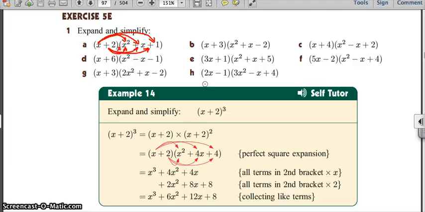If we go with h, which is always the more difficult ones with this book, we're multiplying the 2x by 3x squared, the 2x by negative x, and the 2x by 4, and then the minus 1 multiplied by the 3x squared, the minus 1 times the minus x, and the minus 1 times the plus 4. They shouldn't pose too much of a problem when you get there. You may just freak out because there's a lot more going on than what you did prior.